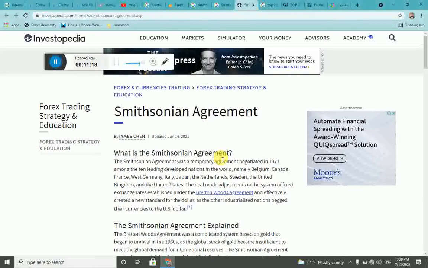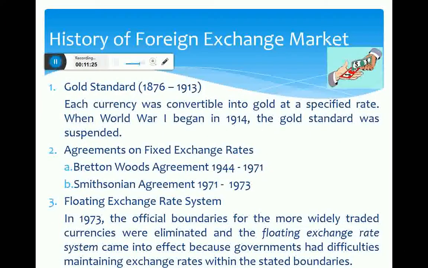collapsing. So in order to maintain it further, they had to do a second agreement, which is called the Smithsonian Agreement, which was in 1971, and it continued till 1973, which again failed because it was impossible to maintain a fixed exchange rate system throughout the world because of different nations pegging their currencies to the dollar.